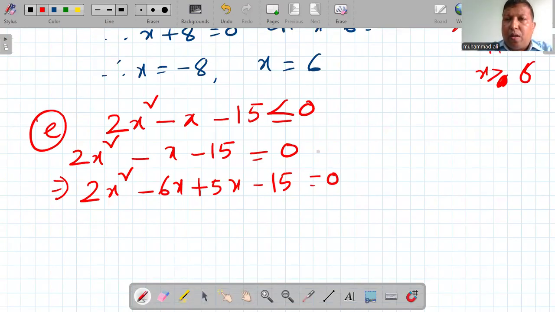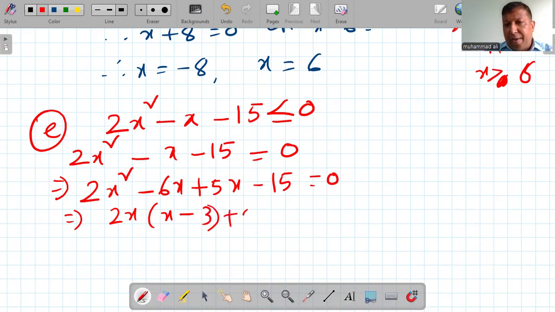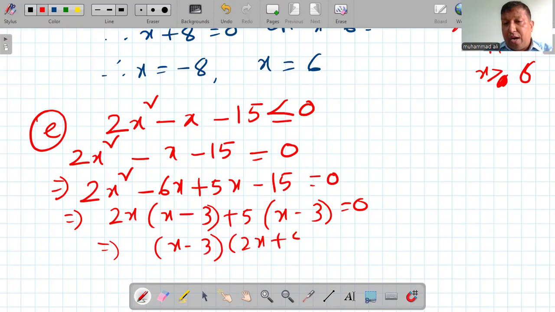Now take 2x common, so it will be x minus 3. Take 5 common, it is x minus 3 equals 0. Therefore, x minus 3 times 2x plus 5 equals 0. So we get x equals 3 or x equals minus 5 by 2.